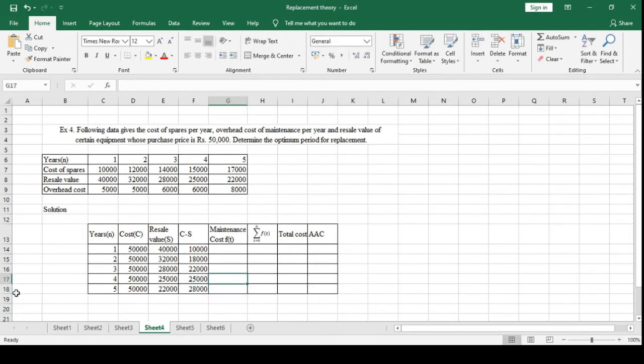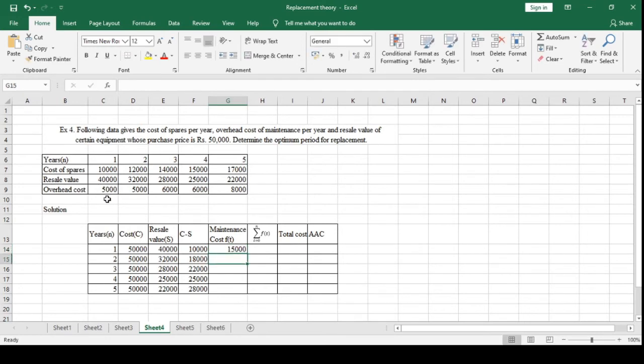Okay, now next is your maintenance cost, F of T. So how will we calculate that maintenance cost? That is the summation of these two, that is cost of spares and overhead cost. So for the first year we will add two values. For the first year cost of spares is 10,000 and overhead cost is 5,000. So 10,000 plus 5,000, that will be your 15,000.